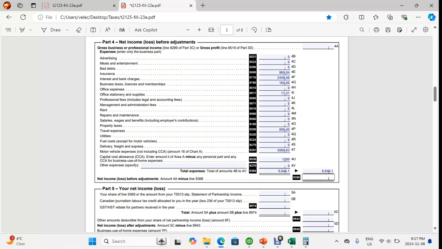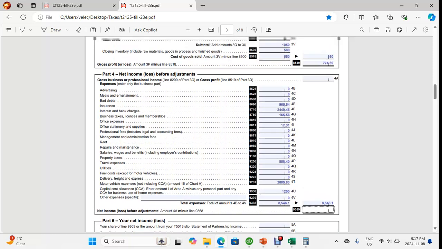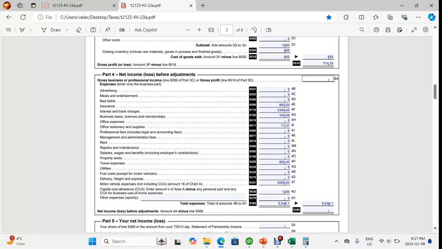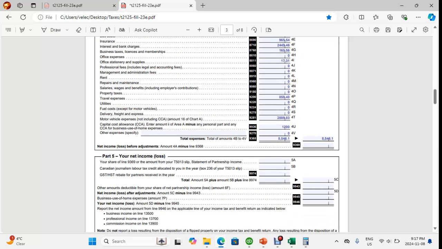So your line 9369, this will be net income or loss before adjustments, 4A minus line 9368. If your 4A was a carry forward from line 8519, a total of $774.39, this will be 774 take away 8,000, which is a negative number.